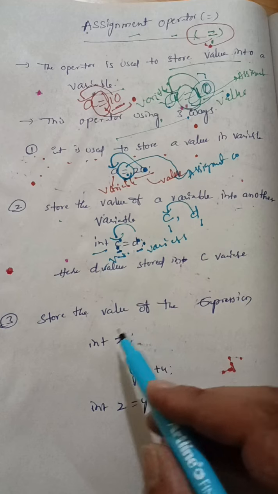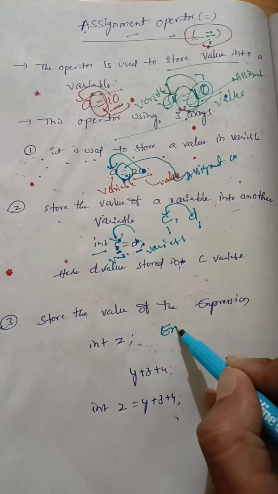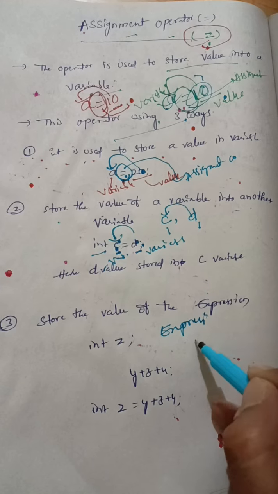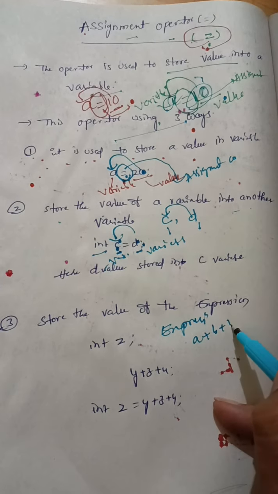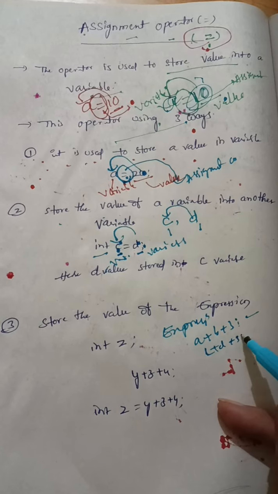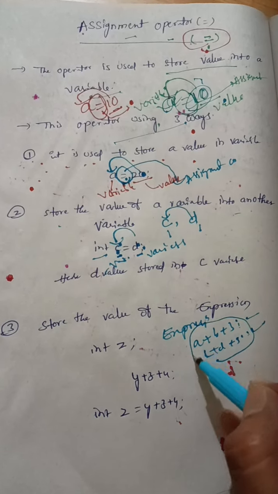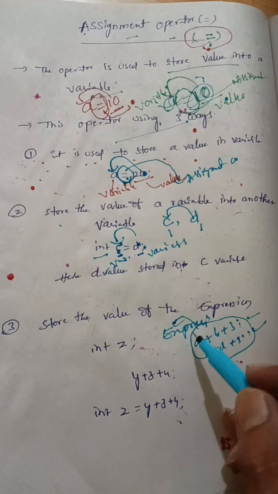Another one, the third type, is where an expression is stored. Expression means, suppose a plus b plus 3, this is one expression. C plus d plus 5 is another expression. These types of expressions can also be stored into variables.